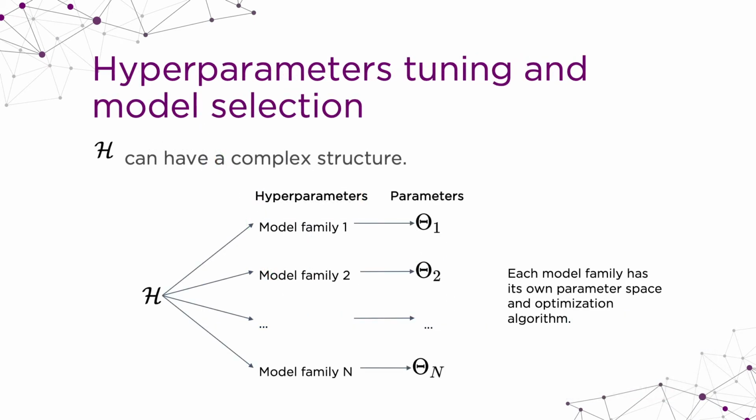If we come back to our experimental protocol, now I can define several model families. So maybe a one-layer neural network, a two-layer neural network, a convolutional neural network, etc. I define different families of models. Each family has a set of parameters where the optimizer will navigate inside.